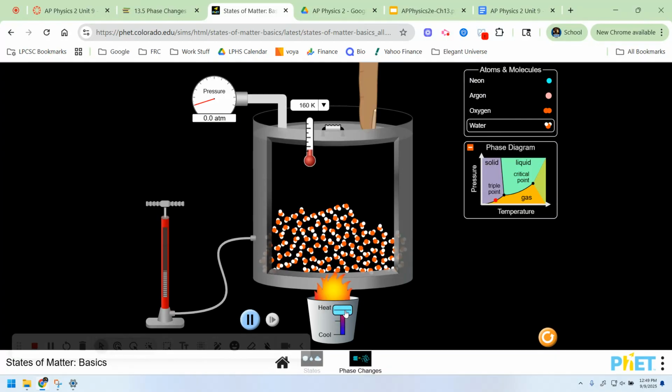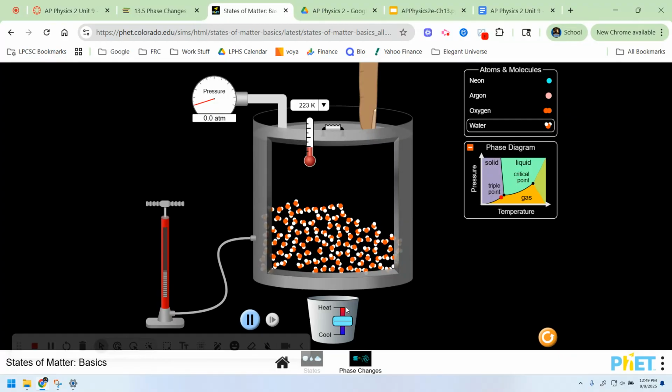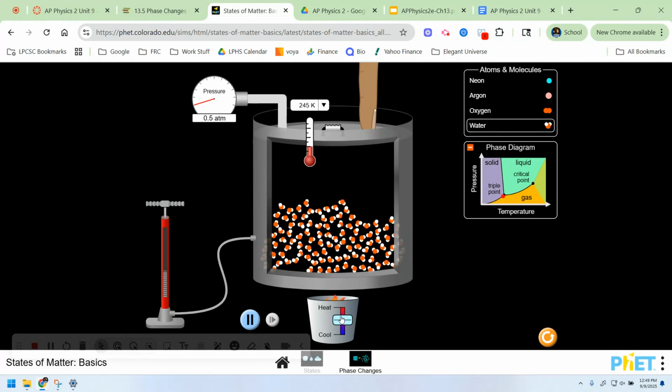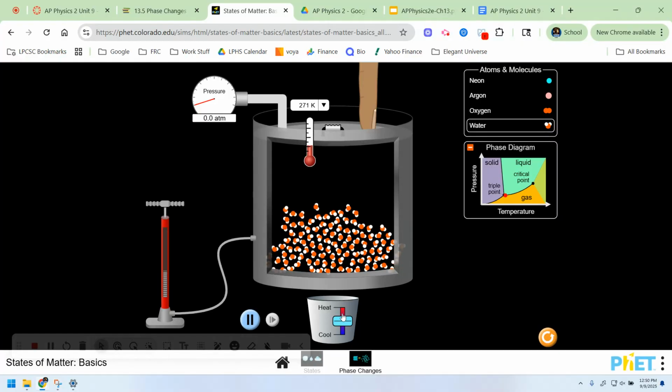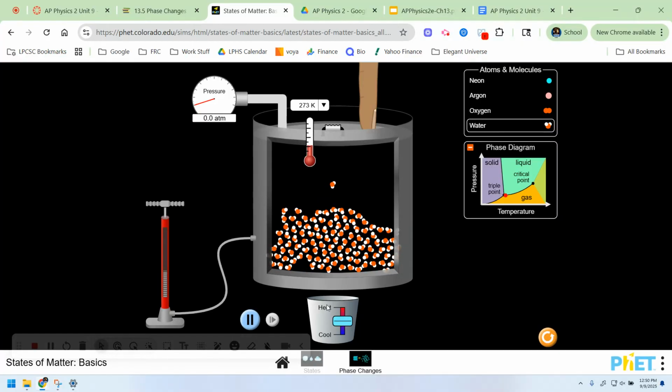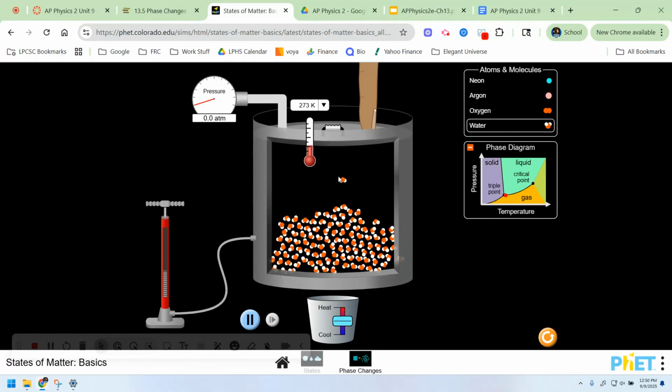So they'll stick together till I get to about 273, which is when it would melt. So see my temperature in Kelvin, which is 0 degrees Celsius. So I'm just heating it up a little. If I go, there you go. So I got one rogue molecule that escaped, but now it's coming back down. And this happens naturally, right?